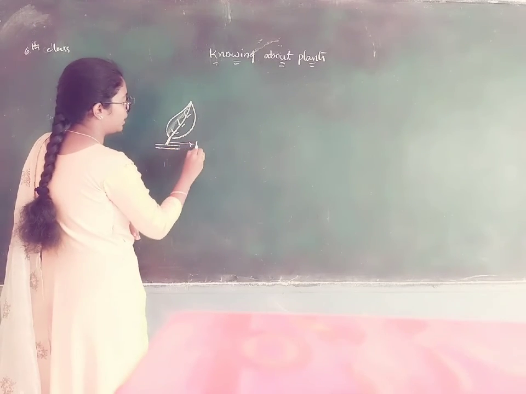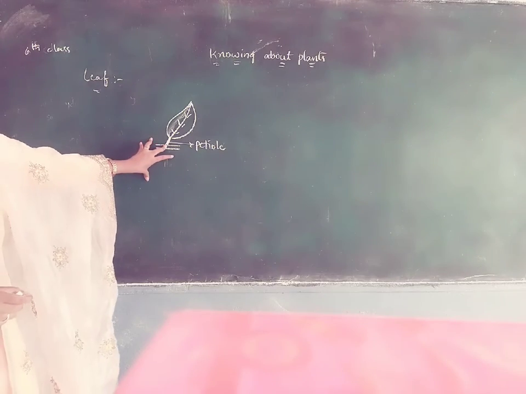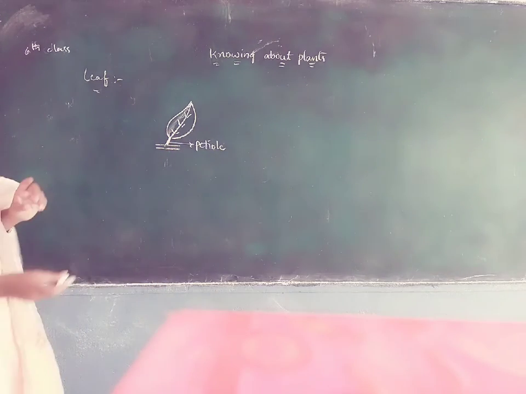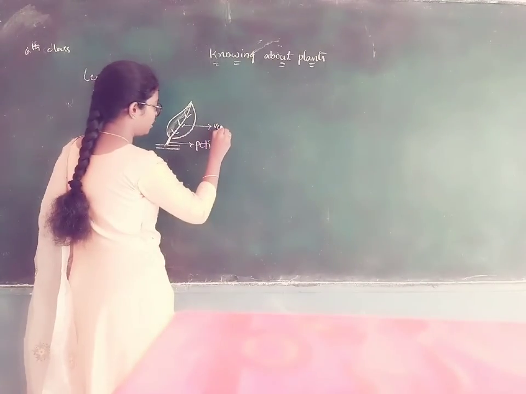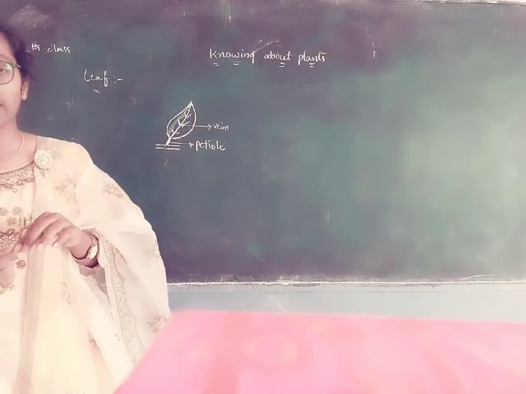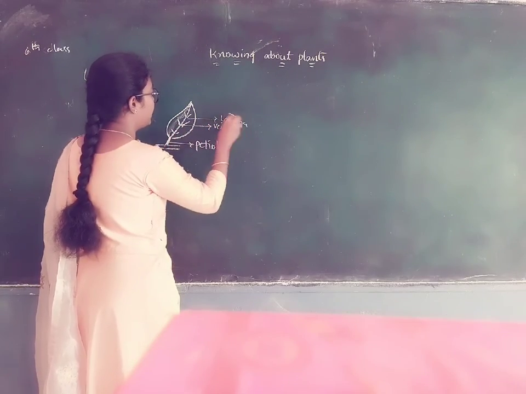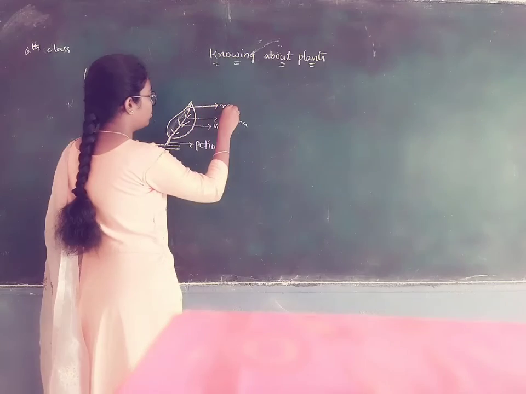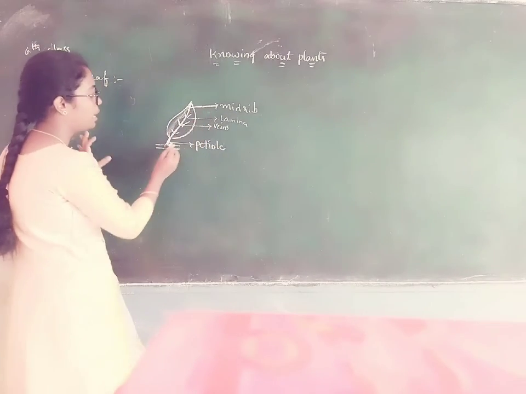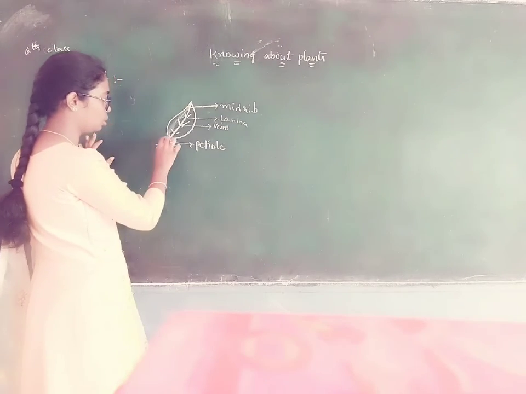So this is known as the petiole. This part where the stem is connected to the leaf is known as the petiole, and these are known as veins, and a group of these lines are known as veinlets, and this is known as the lamina, and this is known as the midrib. The line present on the leaf is known as the midrib, and the part where the stem is attached to the leaf is known as the petiole.